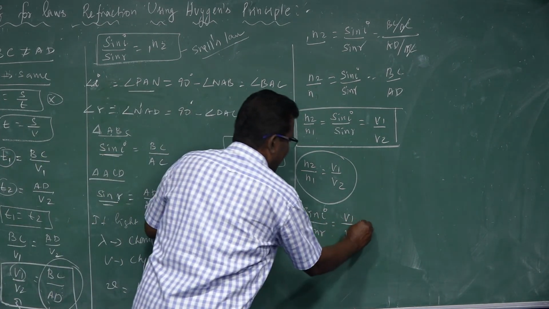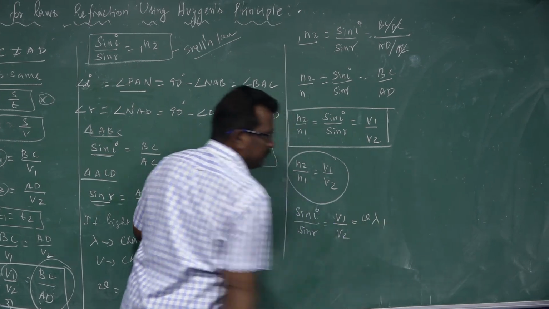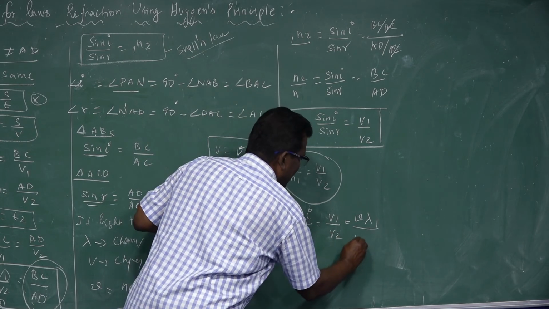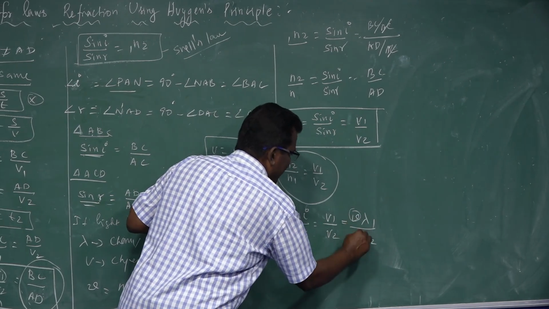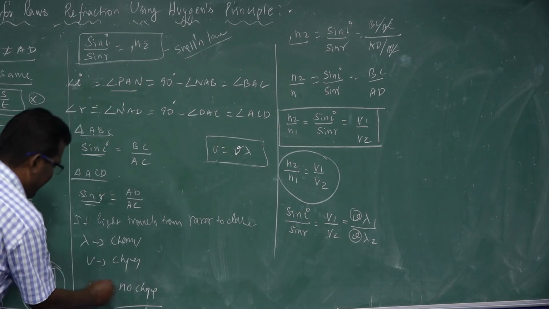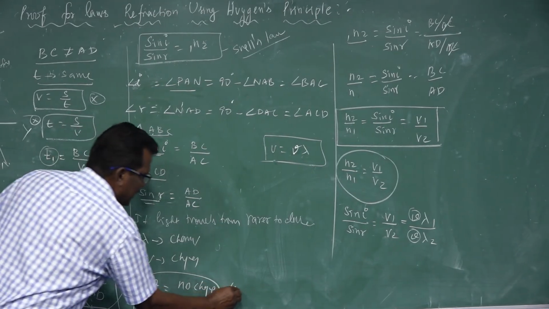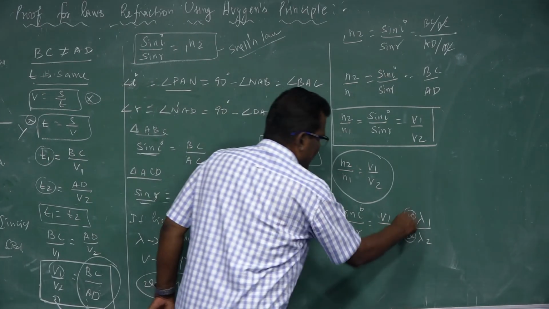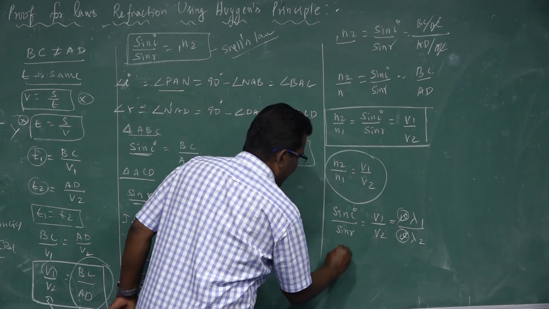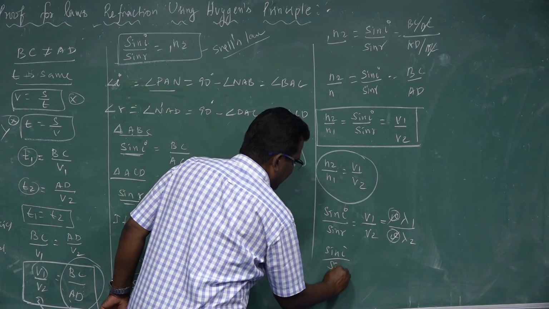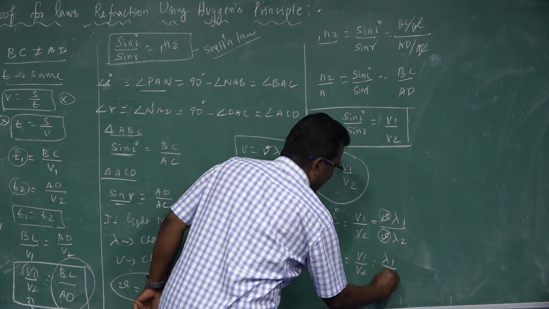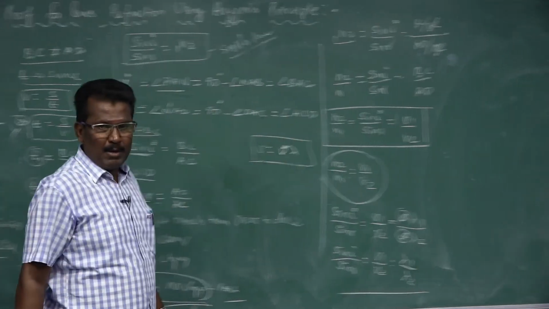So V1 is nu lambda 1, where lambda 1 represents the wavelength in the rarer medium, and V2 is nu lambda 2, because the frequency remains constant. So nu cancels, and sin i by sin r is equal to V1 by V2, which is lambda 1 by lambda 2.